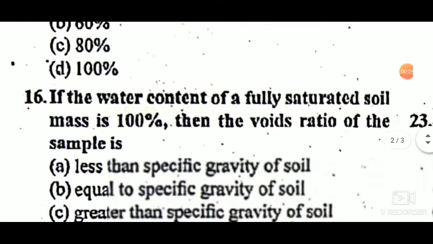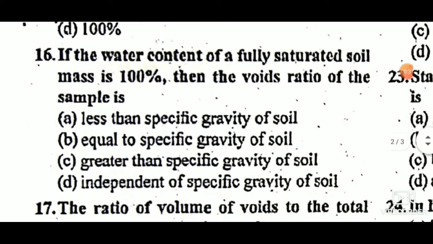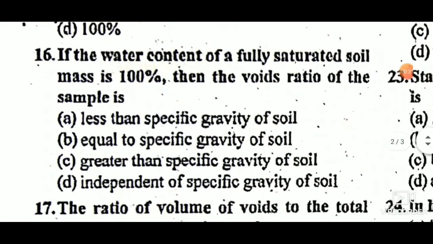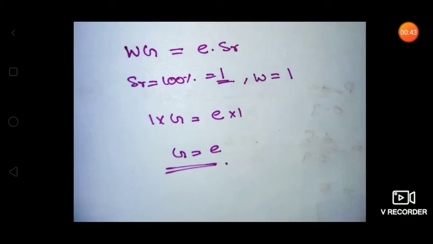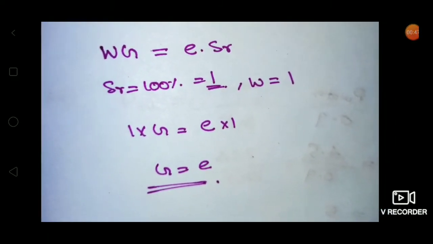Next question, if the water content of a fully saturated soil mass is 100%, then the void ratio of the sample is. For this we have one relation, eS_r equal to wG. Here w means water content, G is specific gravity and e is void ratio.